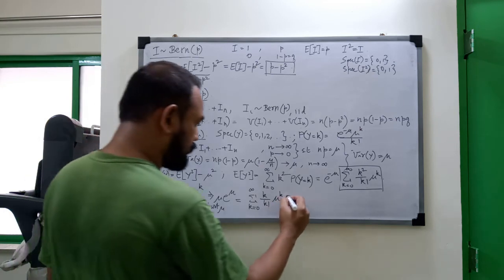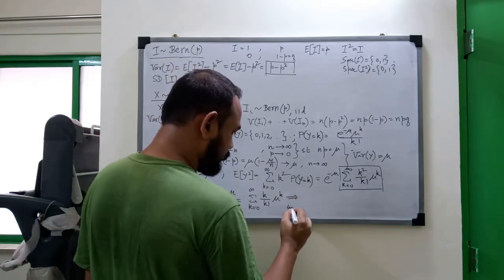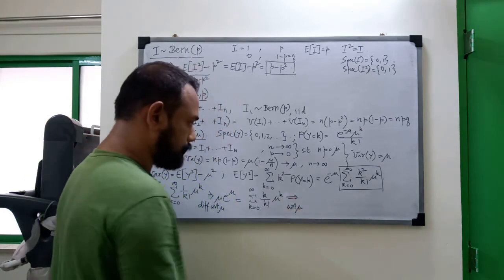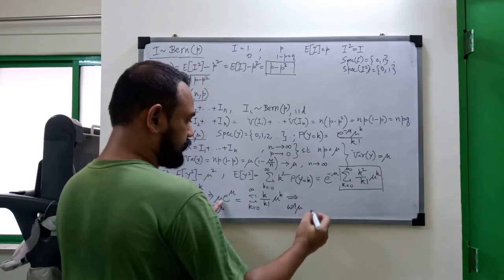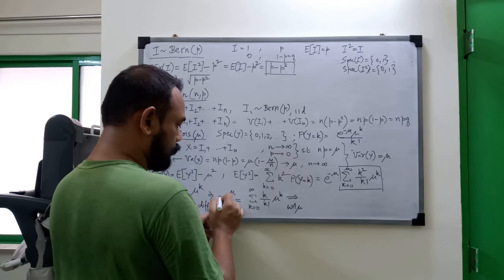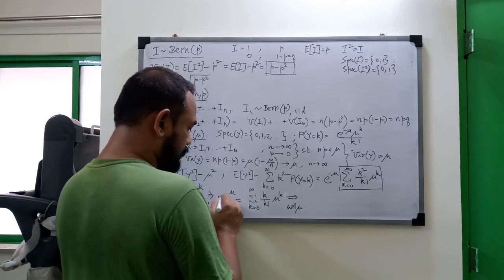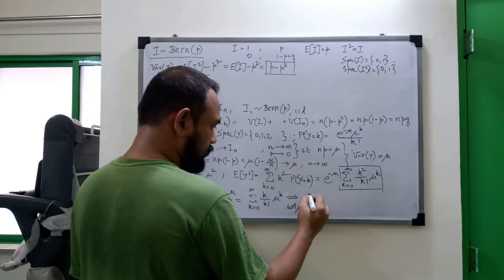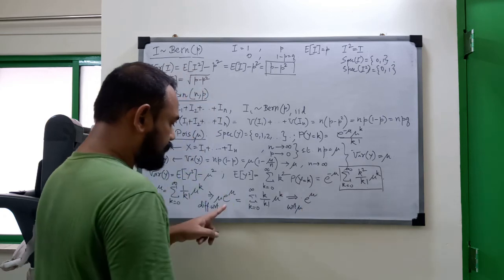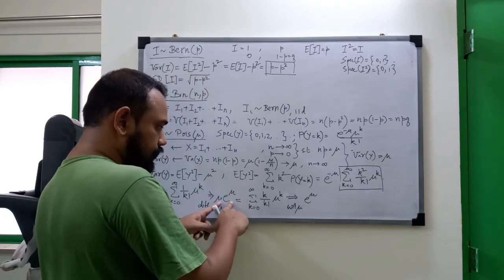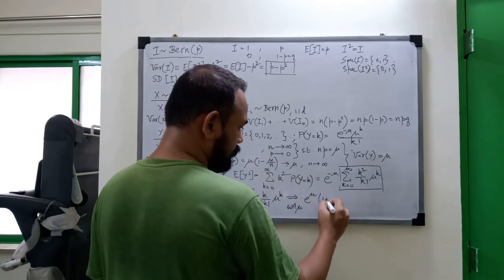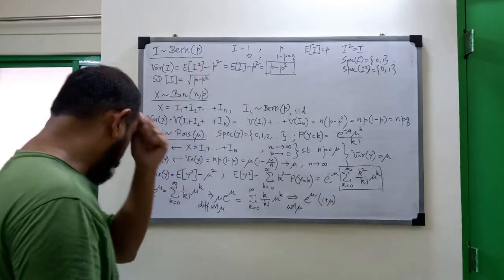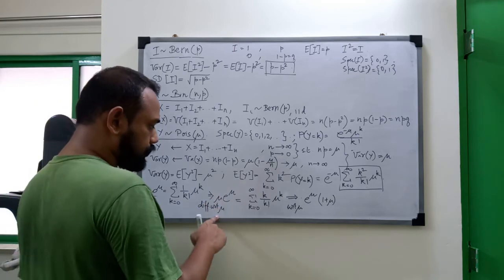Now let's differentiate it once more with respect to mu. What you get from the left hand side is, let's differentiate the first function, I get e to the mu, and then I differentiate this, so I get mu e to the mu, which is common, so I get 1 plus mu here. Okay, so this is differentiating the left hand side with respect to mu.